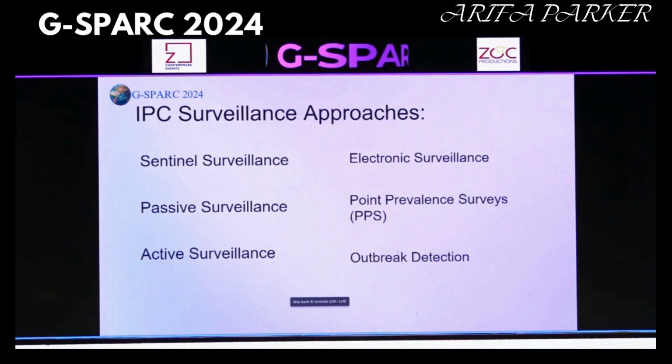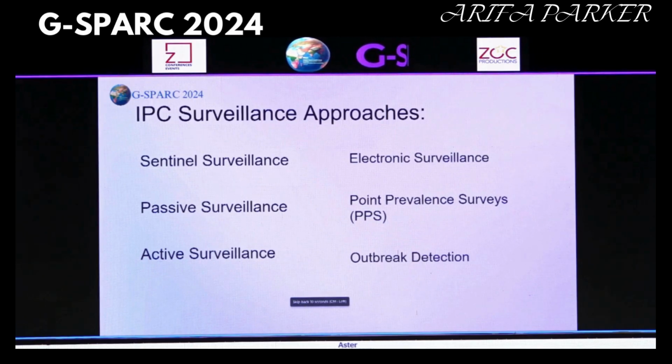But there are pros and definitely cons of various surveillance strategies. For example, with passive surveillance in our setting, reporting often doesn't happen, and you get a false sense that, for example, the HAI rates are very low, but it's actually just that it's not being reported.